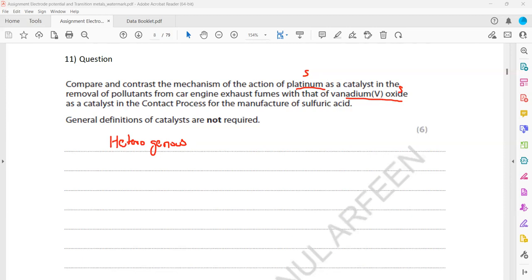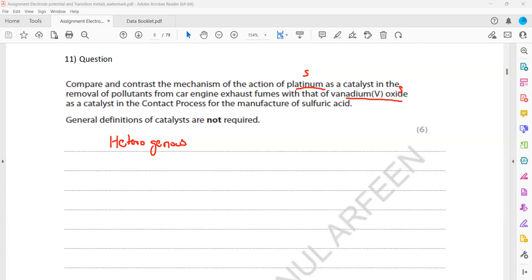Then you have to explain how heterogeneous catalysts work. Heterogeneous catalysts trap, or adsorb, the reactant on the surface, and as a result, they weaken the bonds in the reactant. And second, they increase the effective surface area as well.